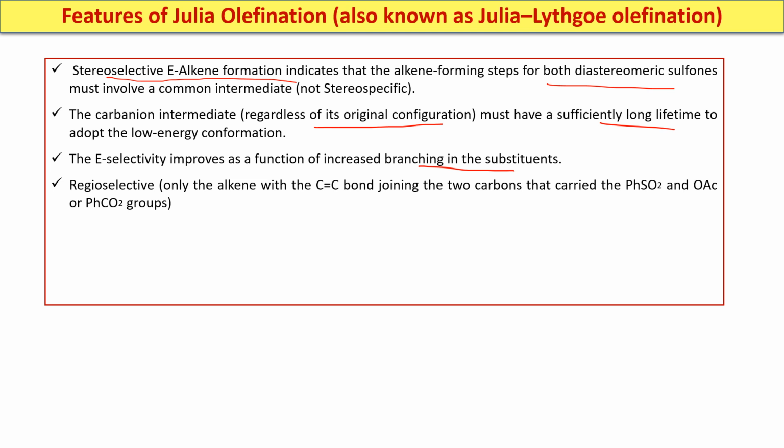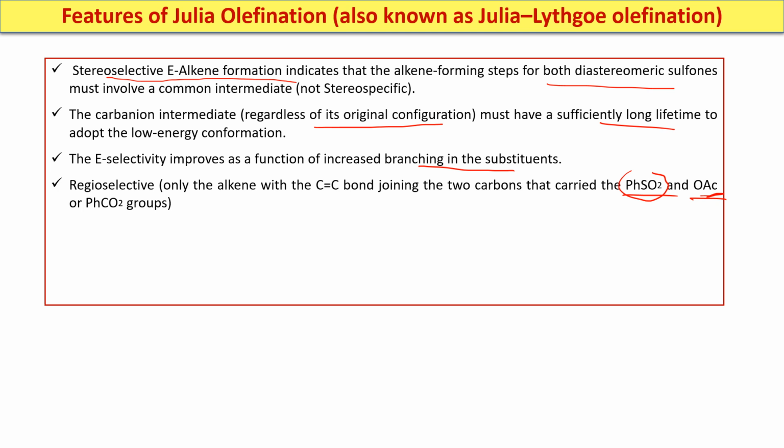It is also regioselective, because ultimately we are removing the PhSO2 group along with the OAc or PhCO2 group, depending on which esterification you have done. So it is selective. It is not removal of some hydrogen and OAc, or hydrogen and PhCO2, because many types of hydrogen can be present, acidic hydrogen, but that we are not doing.